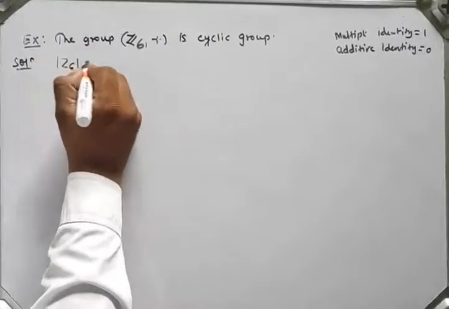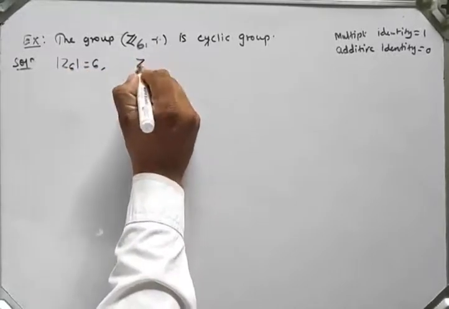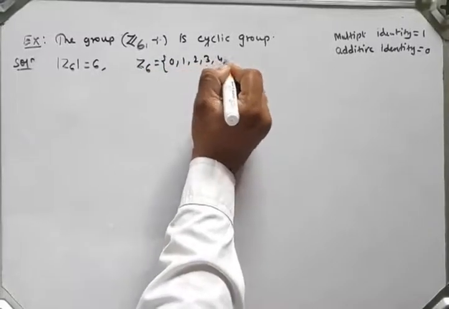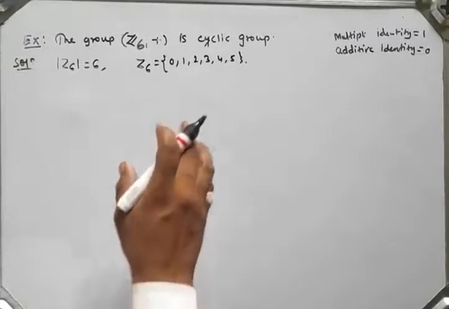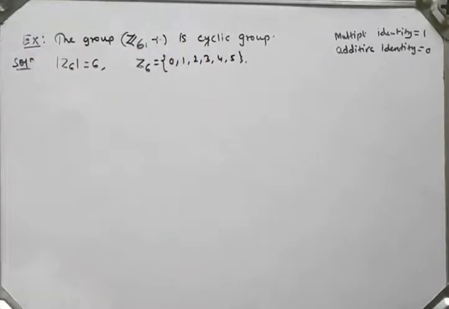Order of Z6 is 6, because Z6 has 6 elements, which are 0, 1, 2, 3, 4 and 5, right? So we have to find a generator in Z6 which generates the whole group Z6.